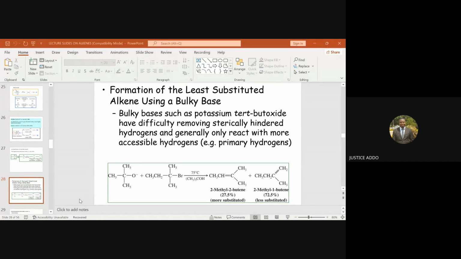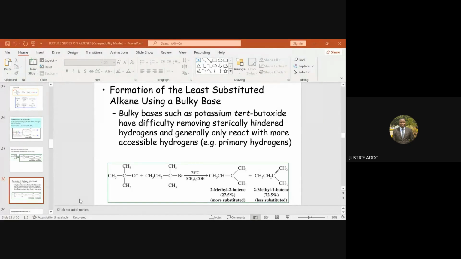So in the same way, in the dehydrohalogenation reaction, the hydrogen that you are supposed to remove by way of elimination, if that hydrogen is surrounded by a lot of alkyl groups, then it becomes sterically hindered, such that the bulky base cannot get access to it because it's huge. The space is small for it to get access.